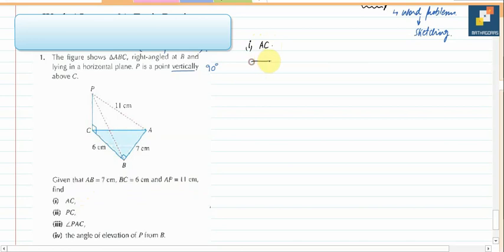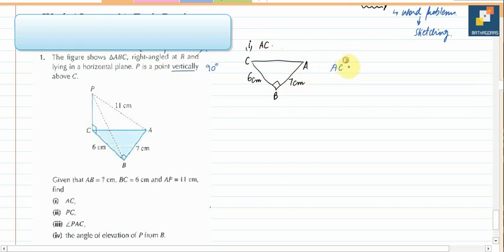If I plot the triangle ABC separately, A, B and C. So the length of BC is 6 cm, the length of AB is 7 cm and B is at 90 degrees. So we can find the value of AC easily by using Pythagoras.